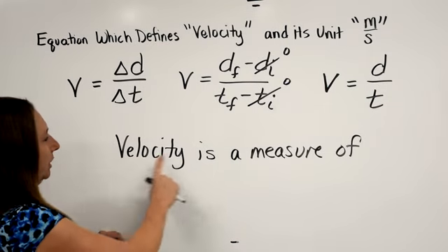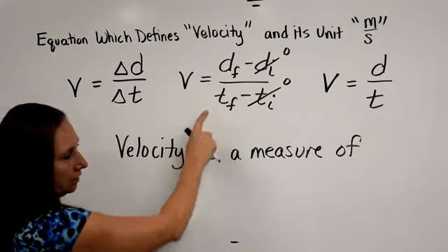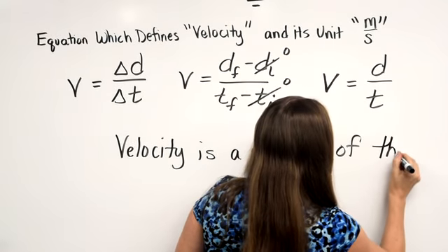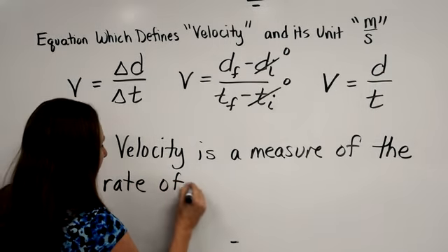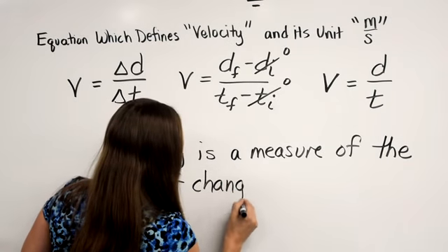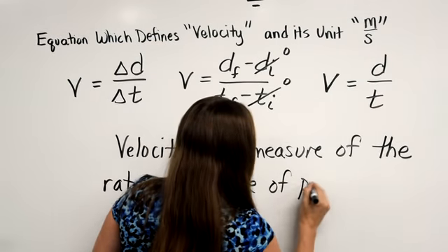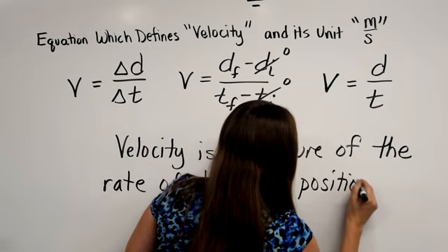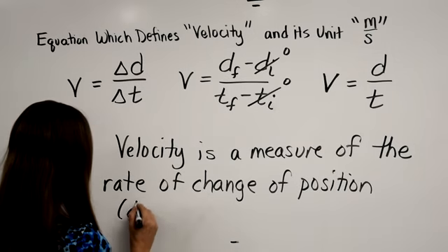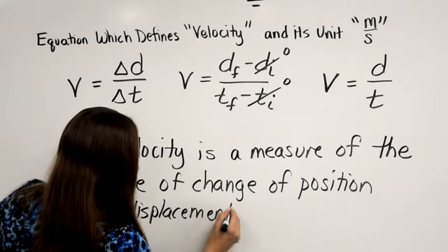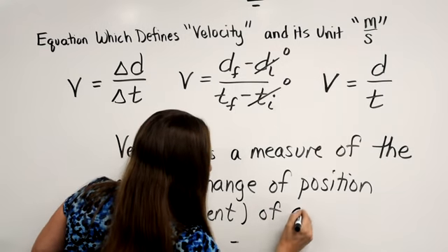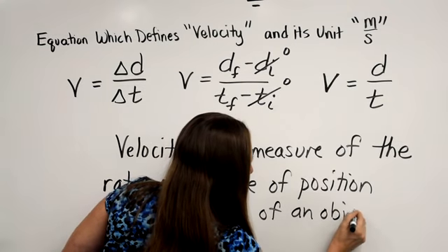So velocity is a measure of the rate of change of position. You can say position or displacement.